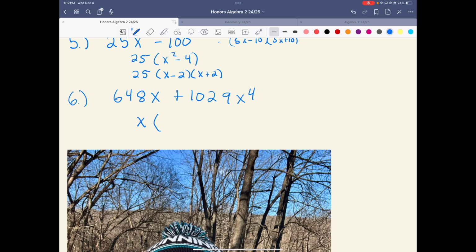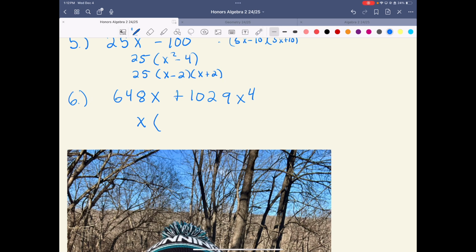Let's see that. 6, 4, and 8 is 18. 18 divided by 3 is 6. That works. So 648 divided by 3 is 216. Is 216 a perfect cube? It is.